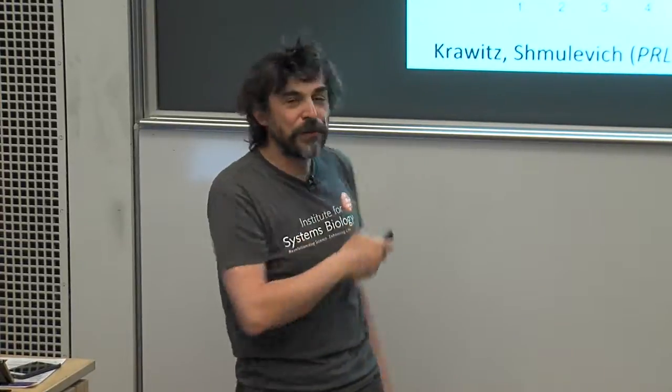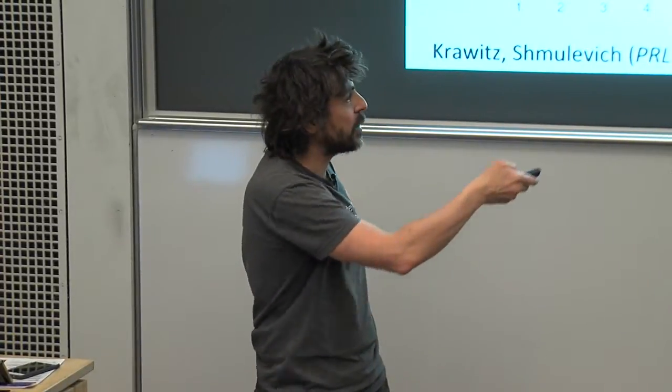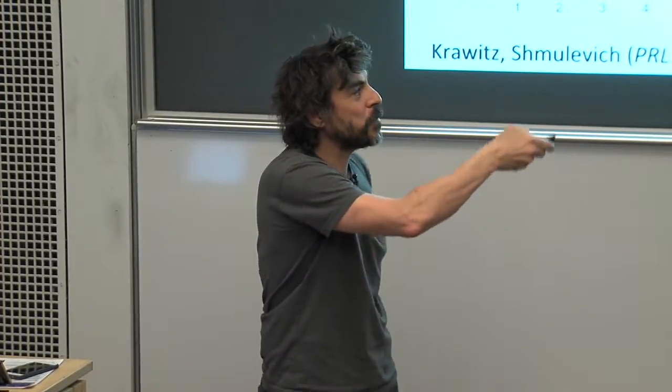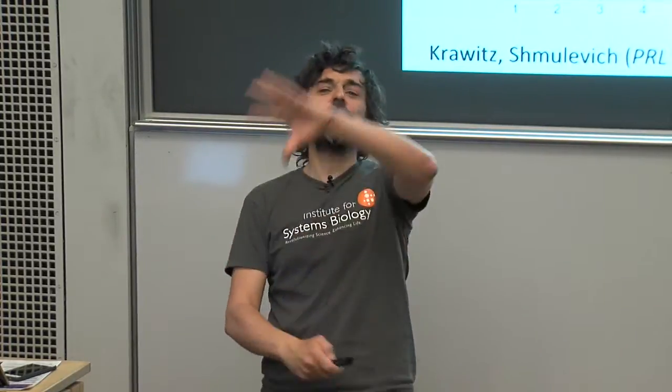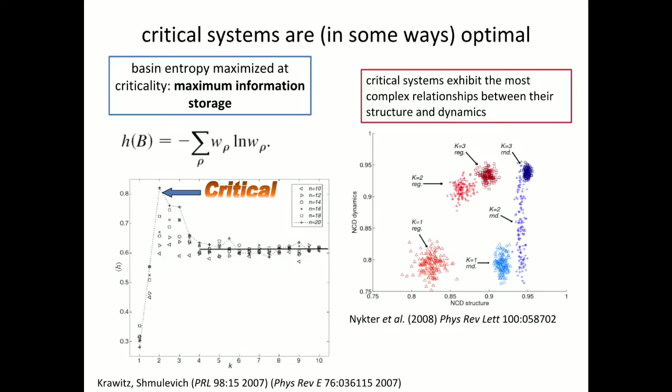And what we found is that critical networks, shown over here, maximize the diversity of their dynamics relative to their structure. So that means with a similar type of structure, you can get very, very different dynamics if you're critical. If you're not critical, then your structure very much constrains the types of dynamics you can have.